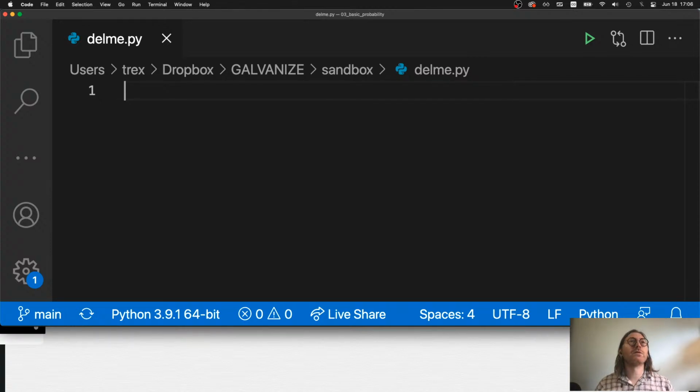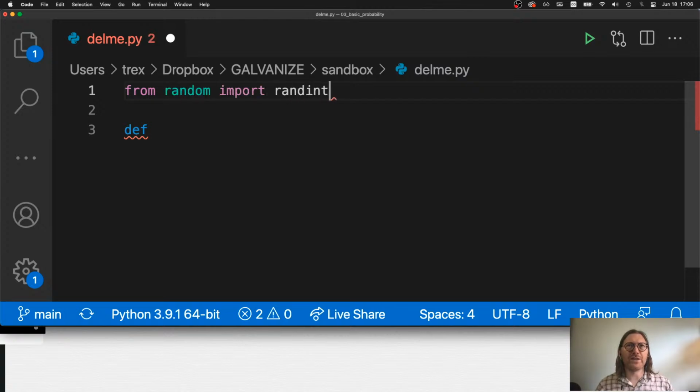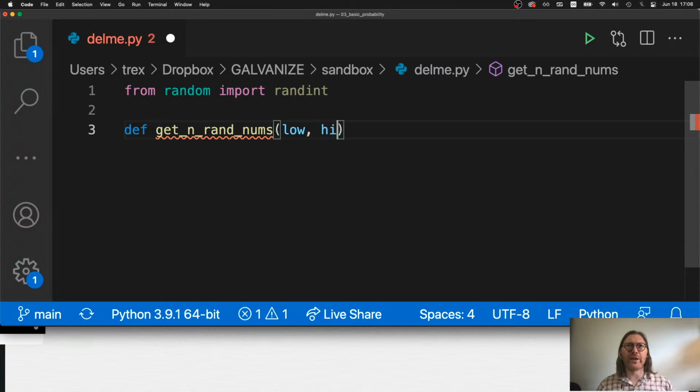I don't need to write a function for this, but let's get a random number. From random, I'm going to import randint, which I don't use too often, but why not? Let's play around with it. Let's say get n random numbers, and we'll put a low bound and a high bound on that.